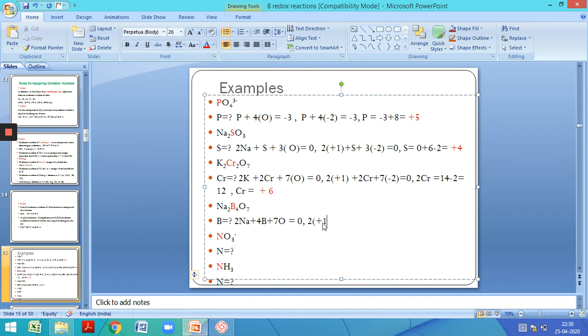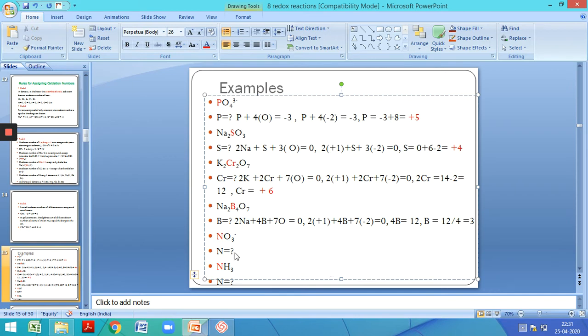Sodium is a group 1 element, so 2 into plus 1 plus 4 times B plus 7 into minus 2, the oxidation number of oxygen, is equal to 0. Therefore, 4 B have an oxidation number equal to 14 minus 2, which is equal to 12. Therefore, the oxidation number of boron is equal to 12 divided by 4, which is equal to 3.